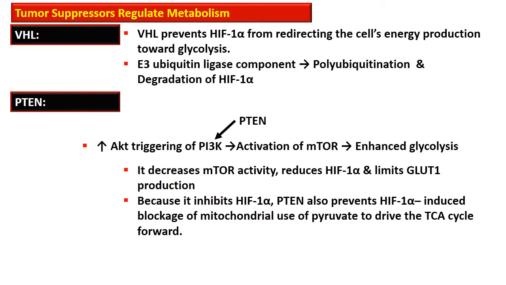So PTEN decreases mTOR activity, reduces hypoxia-inducible factor, and limits GLUT1 production, as hypoxia-inducible factor was responsible for increased expression of GLUT1. So GLUT1 is decreased by the increased activity of PTEN. Also, it inhibits hypoxia-inducible factor directly. So this PTEN also prevents hypoxia-inducible factor alpha-induced blockage of mitochondrial use of pyruvate to drive the TCA cycle forward.